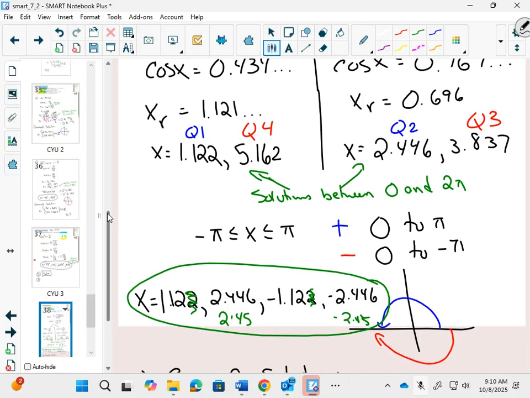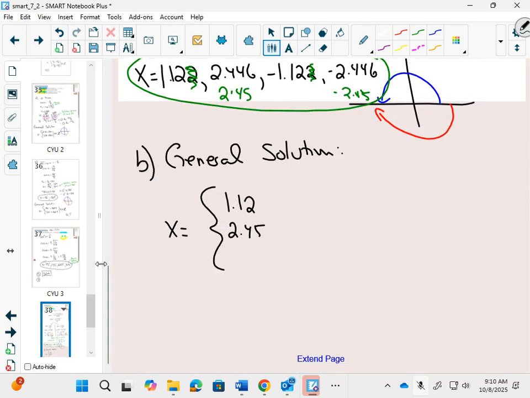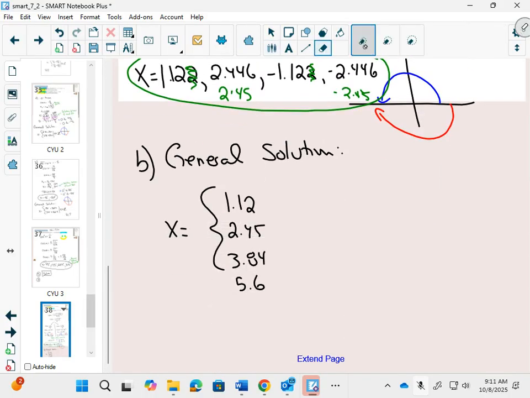What's the next one? 3.84. And 5.16. Add 2k pi to each of them.